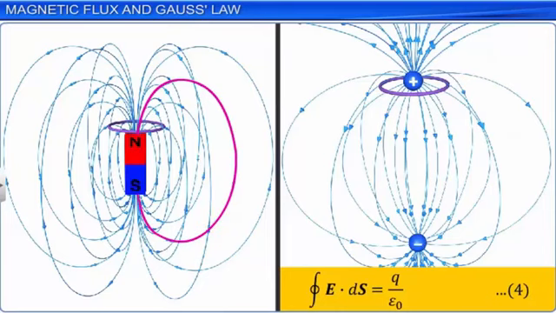That is, the magnetic field lines are continuous closed loops. Here, the number of magnetic field lines going beyond the closed surface is equal to the number of magnetic field lines entering into the closed surface. Thus, the net magnetic flux enclosed by the closed surface is 0.